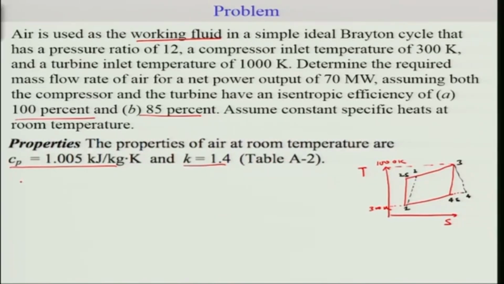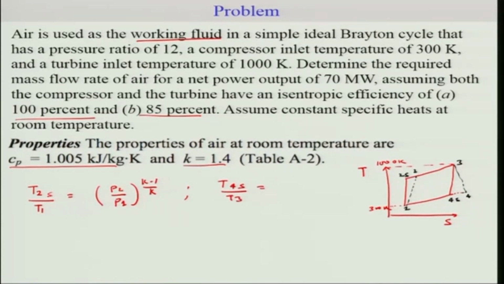Okay, so we can start with a simple analysis, and the first thing we are going to do is make use of the isentropic process property. That means T2S over T1 is going to be P2 by P1 to the power K minus 1 by K. So from here we can evaluate the other properties, because we know T1.